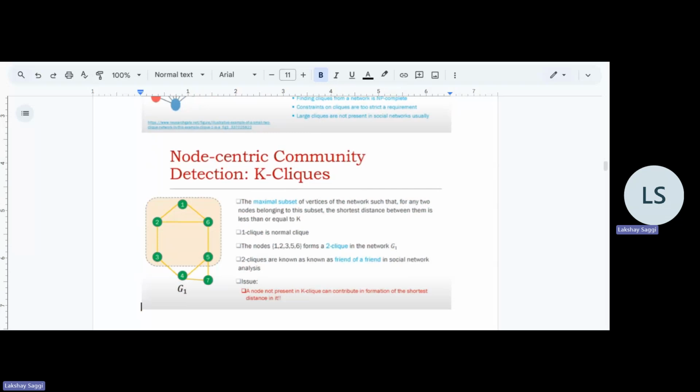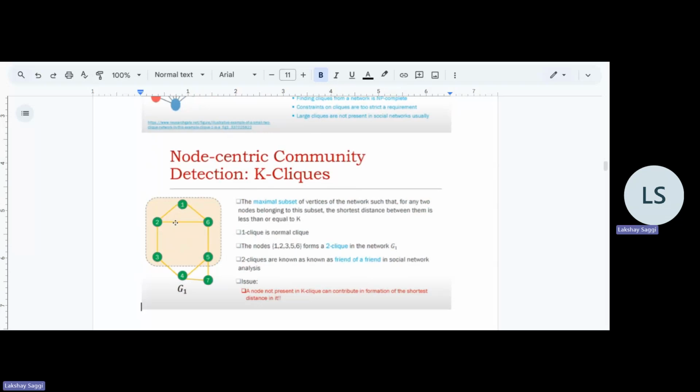But in a K-clique, we say a maximal subset of vertices such that for any pair of nodes, the distance between them is less than or equal to K. So a K-clique is nothing but a subset of vertices such that the diameter is less than or equal to K. If the distance is 1, then the 1-clique is just the normal clique.